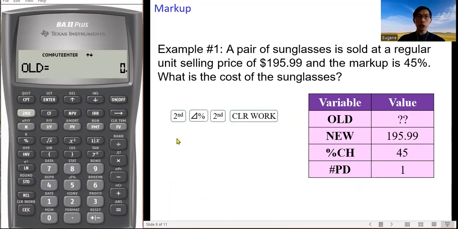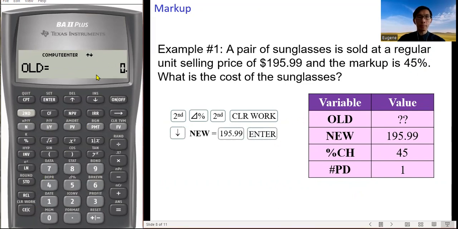Activate the percent change worksheet by pressing second 5, and then clear all the previous work by pressing second and then clear work. The variable old, we need to compute it.